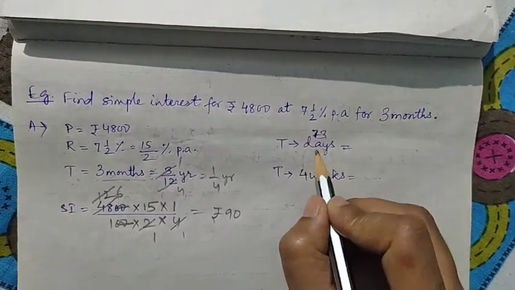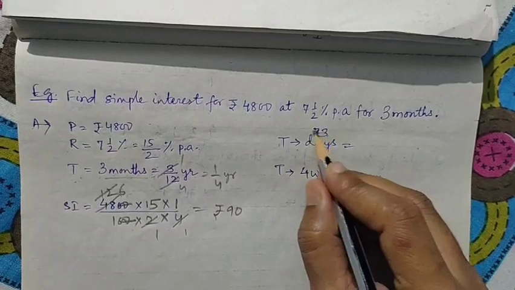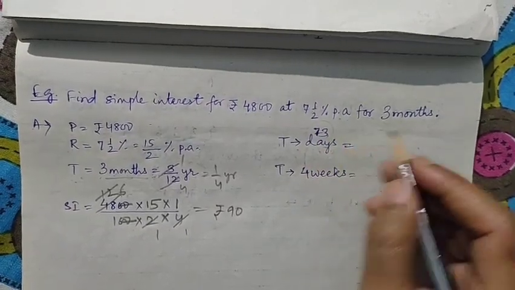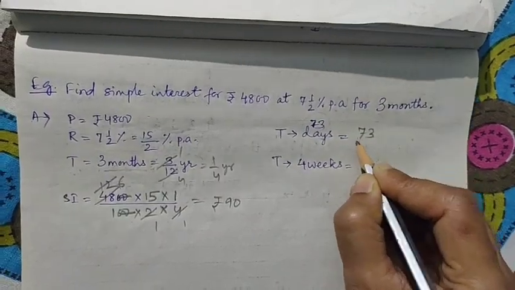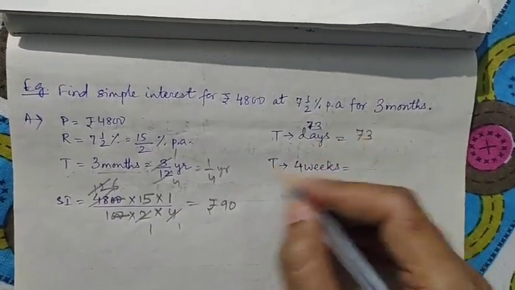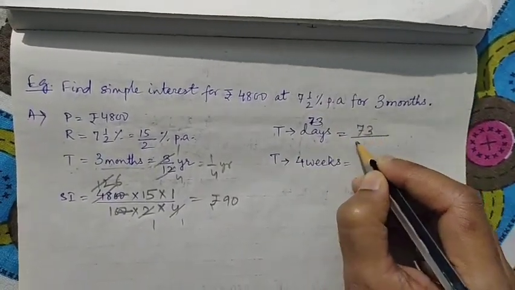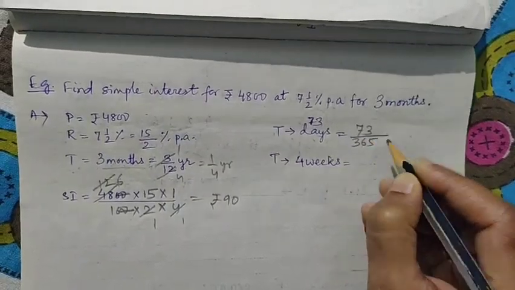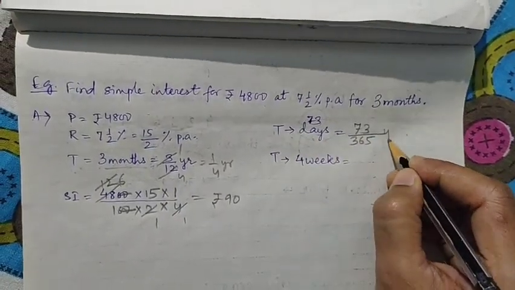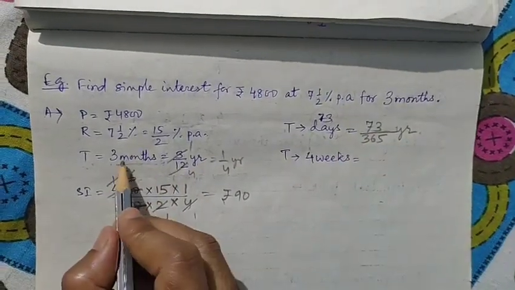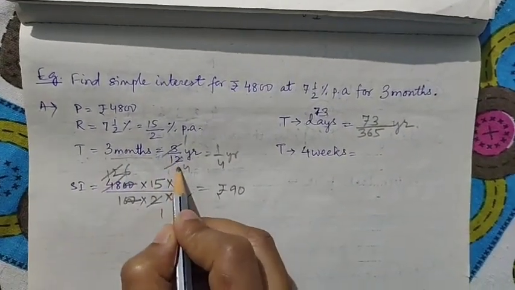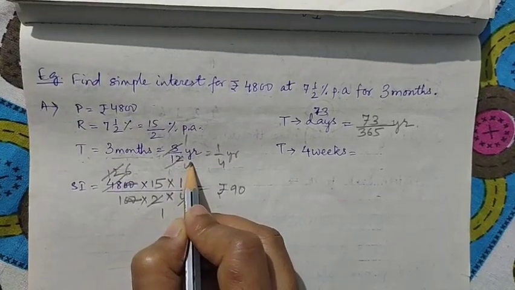So to convert days into year, you have to divide the given number of days by 365. So if the question is 73 days, you have to convert it into year. So 73 by 365, then days will be converted into year. When you divide, the days convert into year. Here also month was there. When you divide by 12, then it is converted into year.